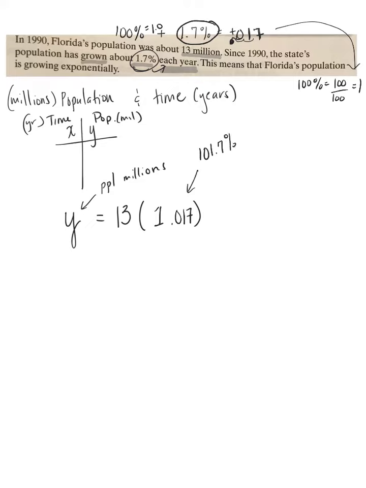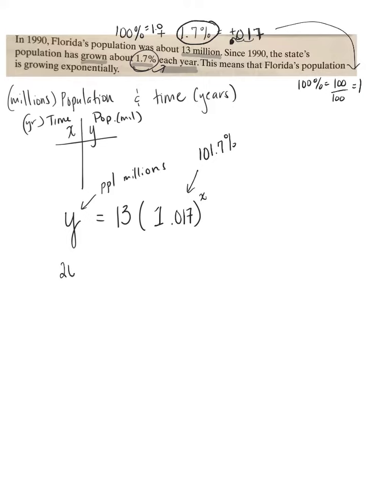And then ultimately, this changes based on year. So at my initial time, it was simply 13 million. Year one, it's going to increase by 101.7%, and by year two, it's going to increase at 101.7%. So this brings us down to our next problem.